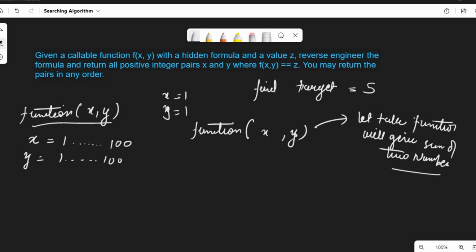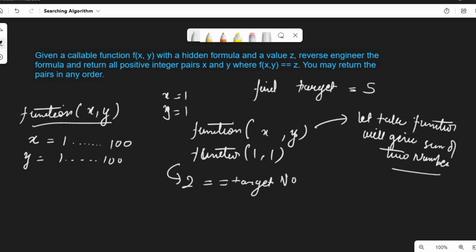If we call this function with 1 comma 1, what will it return? It will return 2. Let's check against the target. Is this equal to target?